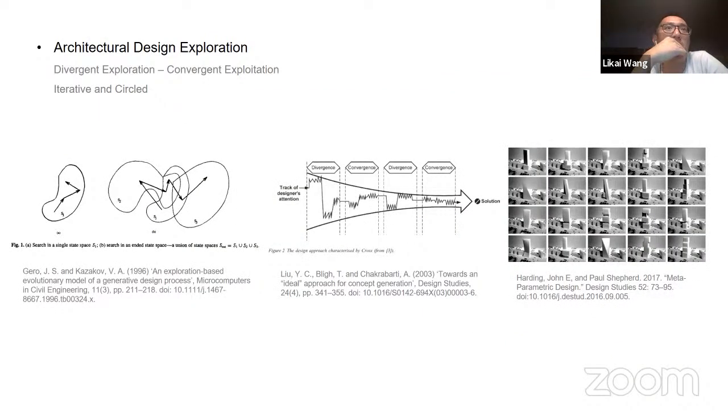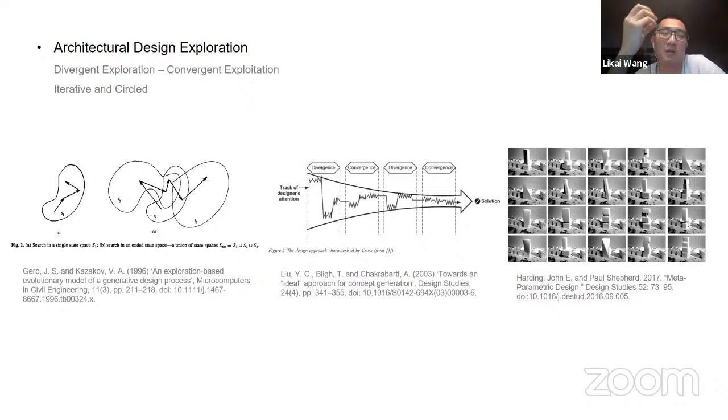However, when we talk about architecture design, the design process is actually a design exploration process, or some researchers call this a design process combined with divergent exploration and convergent exploitation, which means that the designer usually tries to explore different design alternatives and then converge into 1 or 2 promising designs.